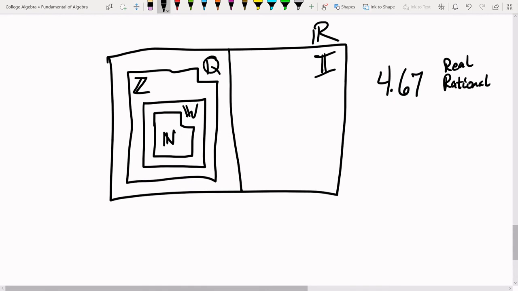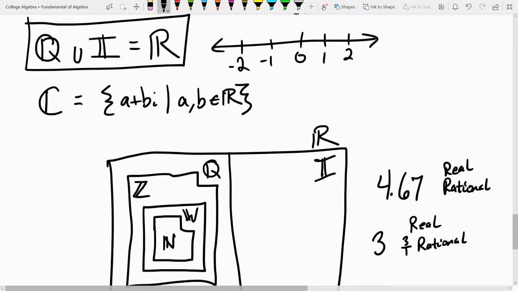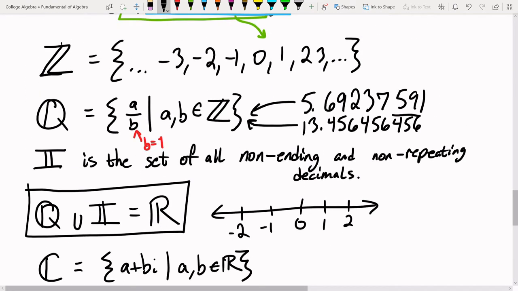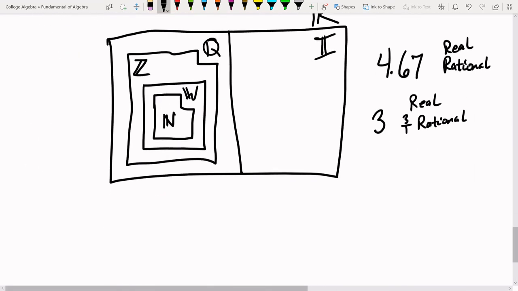What about 3? Well, 3 is definitely a real number. I could think of this as 3 over 1, which would be a rational number. It's definitely an integer, right? You can see it right there, right here. So it's an integer.